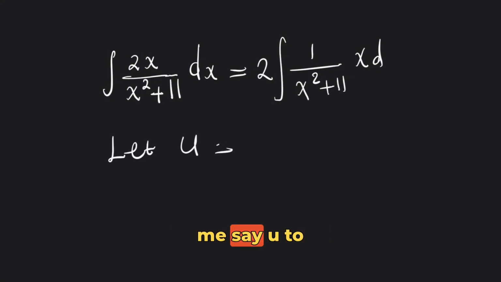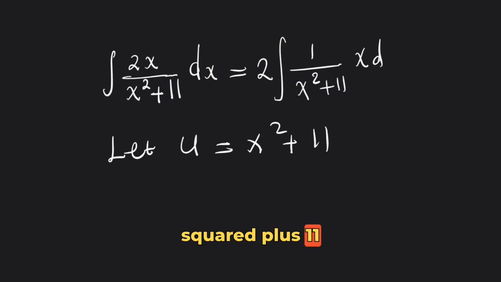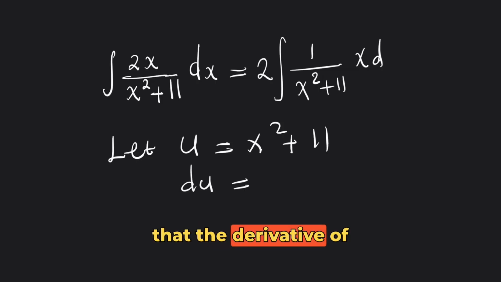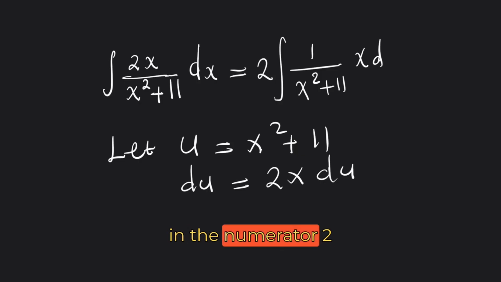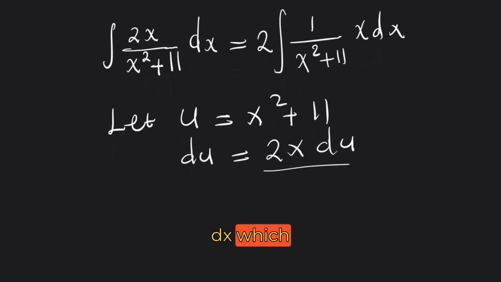To evaluate the next integral, we can do the same thing, right? So let me say u is equal to x squared plus 11, so that the derivative of u is equal to 2x dx, okay? But we already have 2x in the numerator. We have 2x dx, which will be our du.